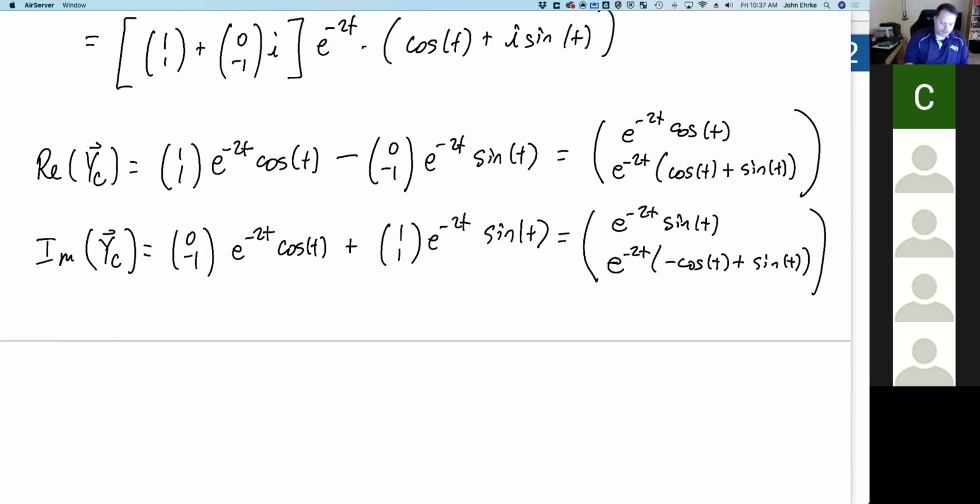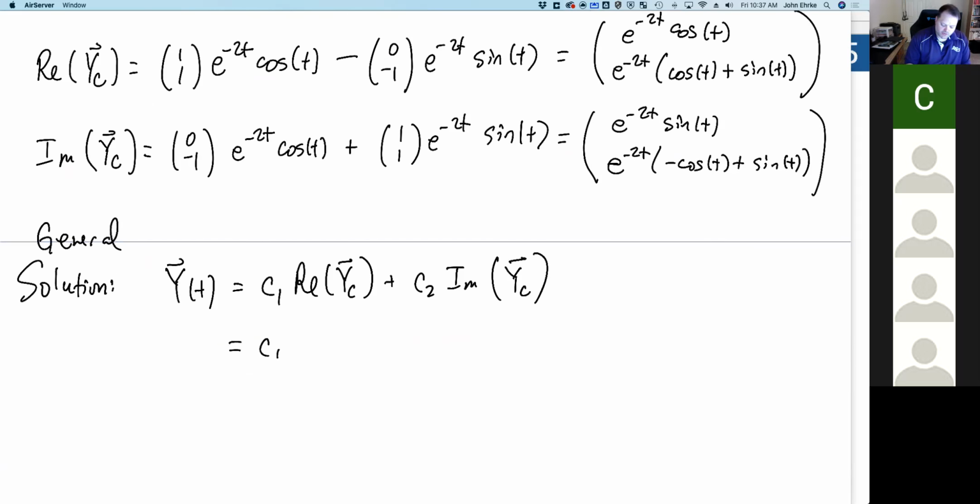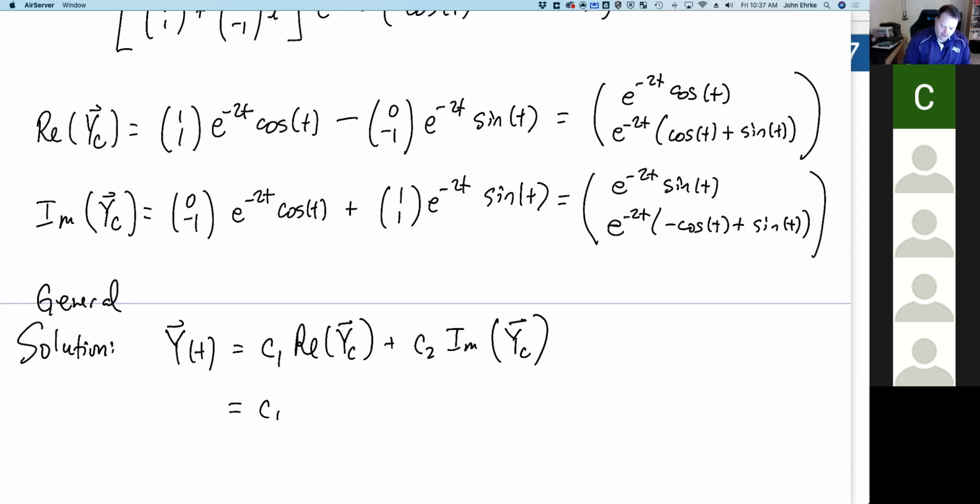So my real solution to the entire problem, or the general solution, if you will, is a linear combination of the real part of the complex solution plus the imaginary part of the complex solution. So it is a linear combination of those two vectors that I just wrote down. And since each vector has the e to the -2t term, I'm going to pull that term out real quick.